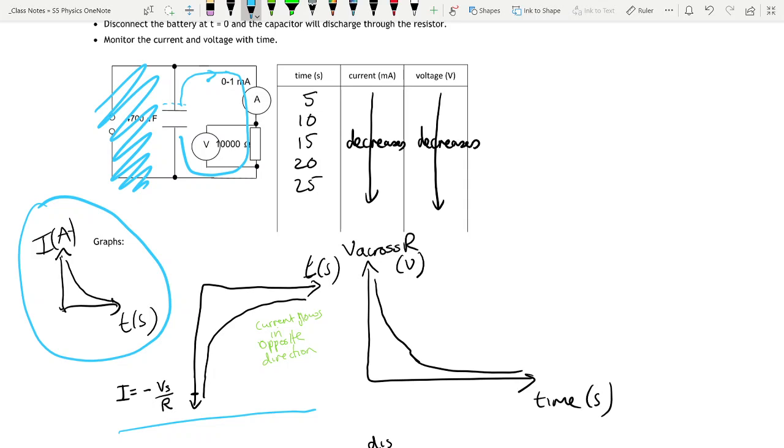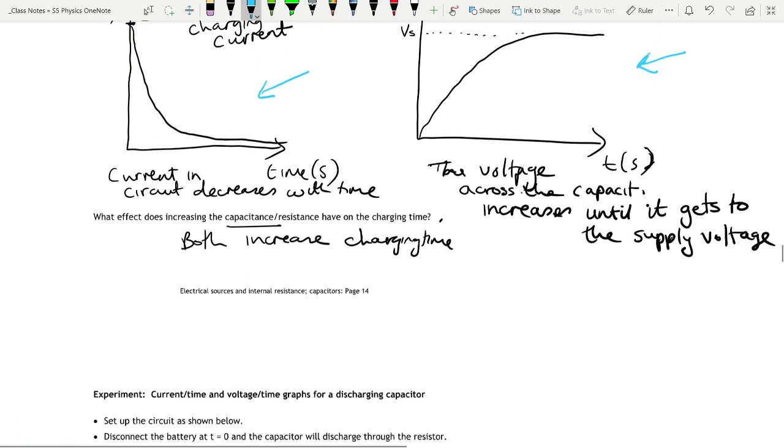So to be very accurate, we need to start off with a high negative current because it's acting in the opposite direction, and it decreases to zero as the time goes on. So this graph is correct, but this graph is more accurate because it's just showing the opposite of the graph that we saw earlier.